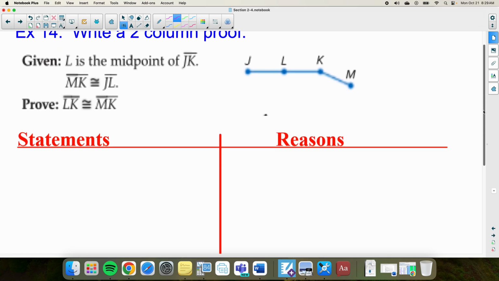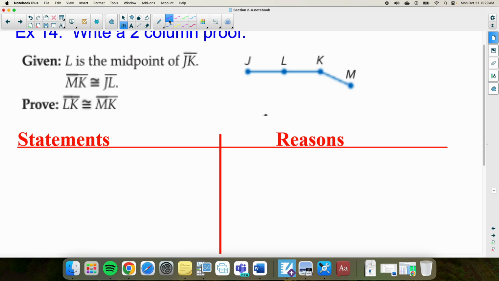Here, when you have a geometry proof, you can be given 2 things, 3 things, even more than that. Usually the most you'd be given is 3 or 4. When you're given more than 1, you're going to want to either write them both as step 1. That's what I generally do: I put all my givens under step 1 and I write given. But some people will do 2 separate steps that are given.